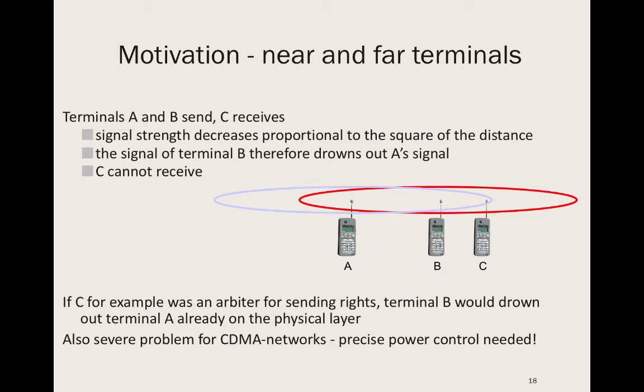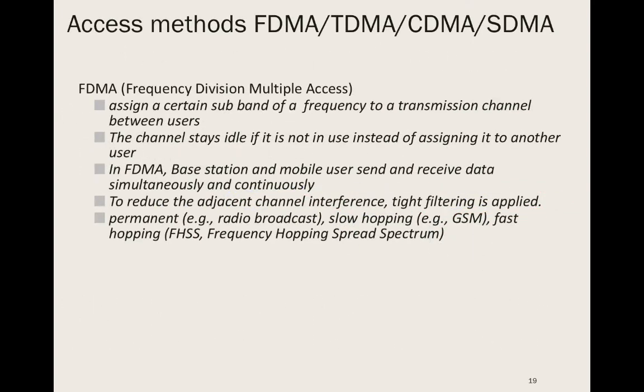If you remember, we talked about a static MAC technique called channelization. Basically, FDMA, TDMA, CDMA, and SDMA are different methods of channelization. SDMA is not in the diagram that we had in the early slides of this lecture, but we're going to talk about it briefly here.